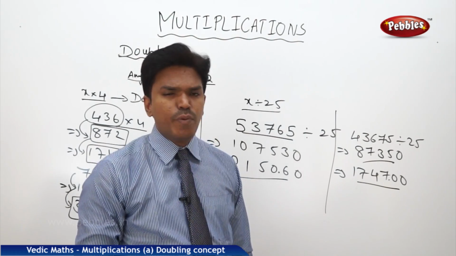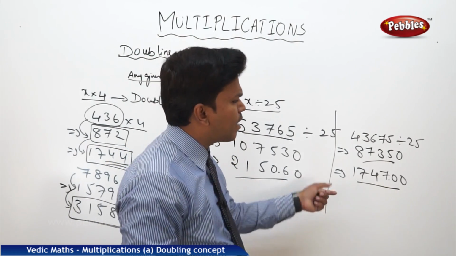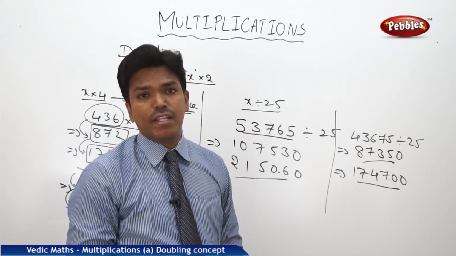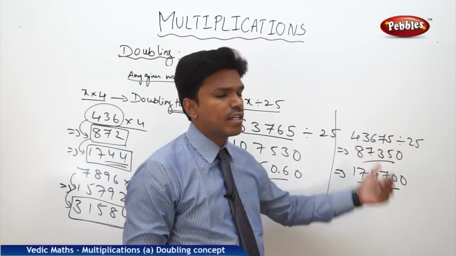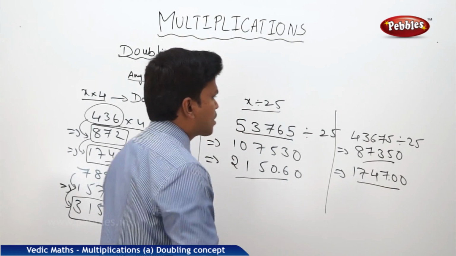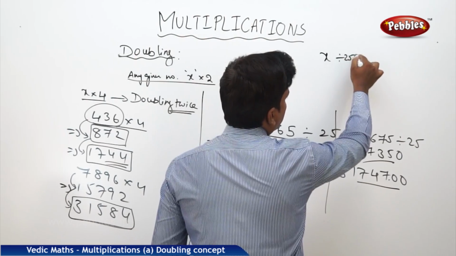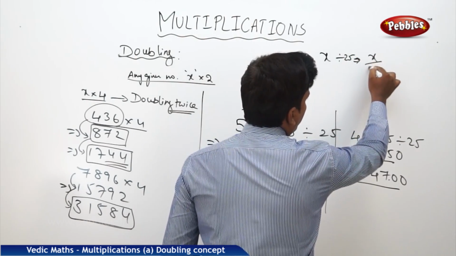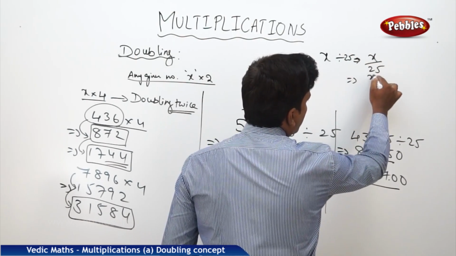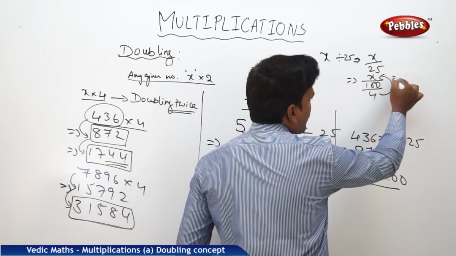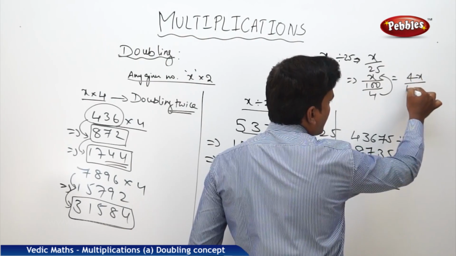You may get one doubt: why are we doing doubling twice and putting a decimal point after 2 digits from right to get the answer when you want to divide a number by 25? Now I will tell you the logic. Whenever you want to divide any number by 25, that is x by 25, 25 can be written as 100 by 4, so x by 25 is x into 4 by 100. Yes or no? That is 4x by 100 only.